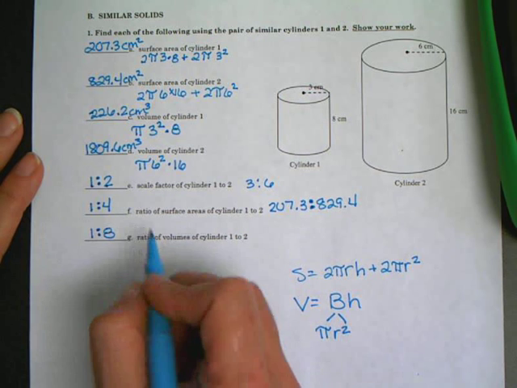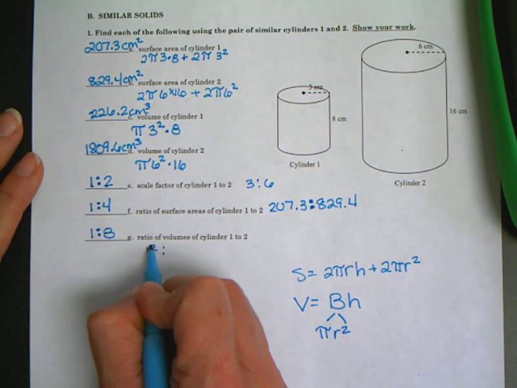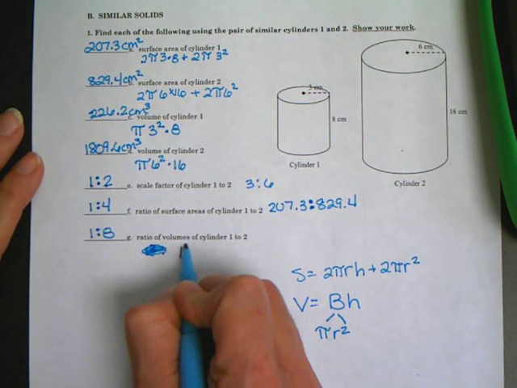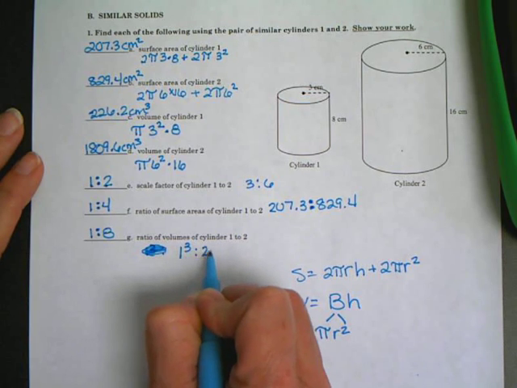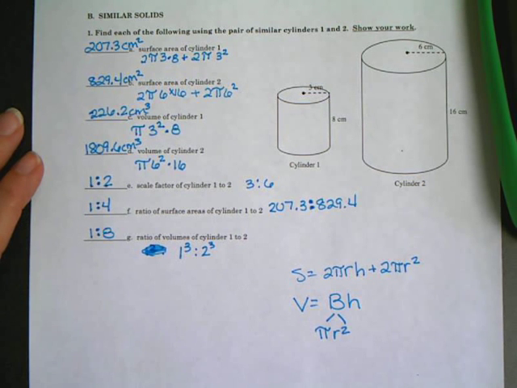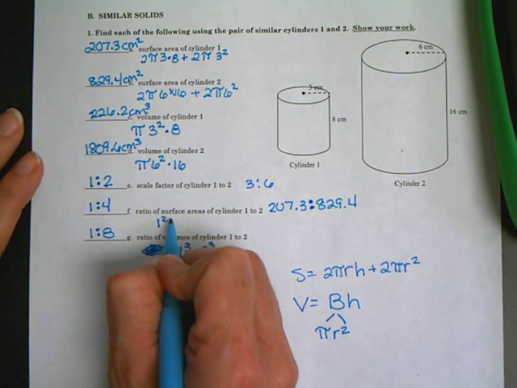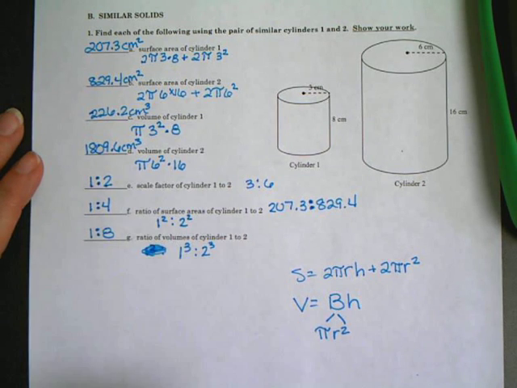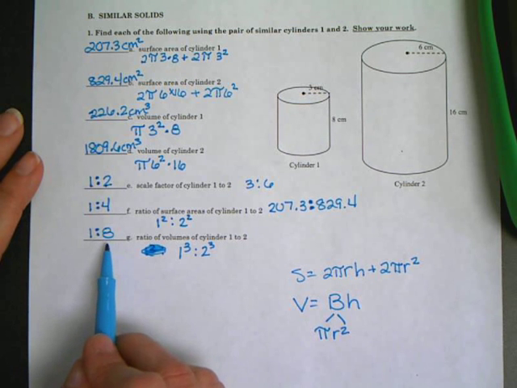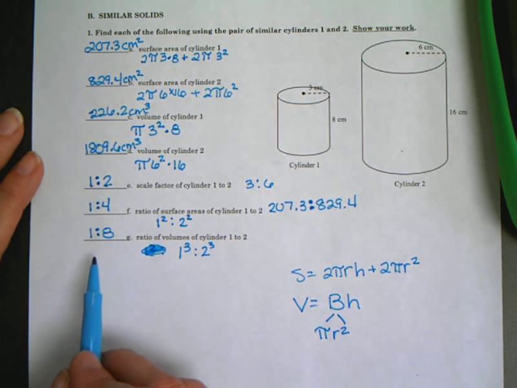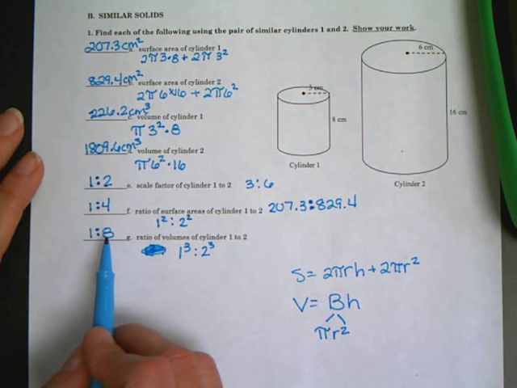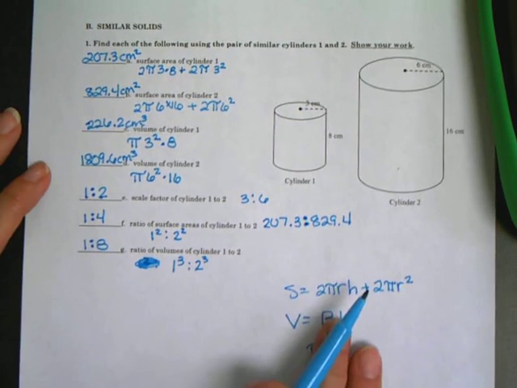That's how I got my answer. This one was 1 squared to 2 squared. Okay, this is a huge topic that students continually miss. And if you're going, well, whoa, how come it's 8 times greater? Well, looky here at the volumes, 226 and 1809. Divide those and see if you don't get 8.